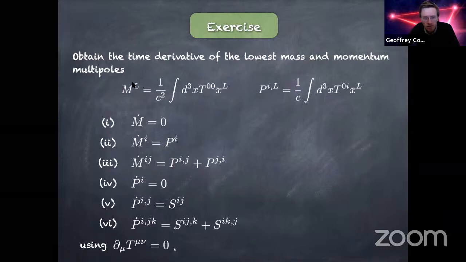So it can be a single index i, or no index at all, or ij. Same for here. All these are the mass and momentum multipoles. And so using the conservation of the source energy tensor, try to obtain these relationships, these time derivatives.